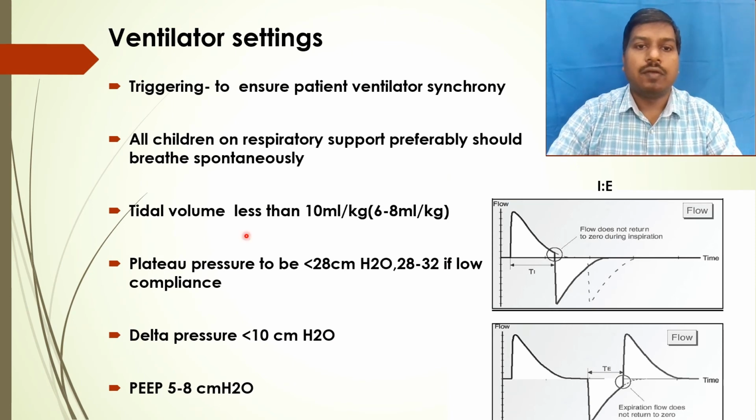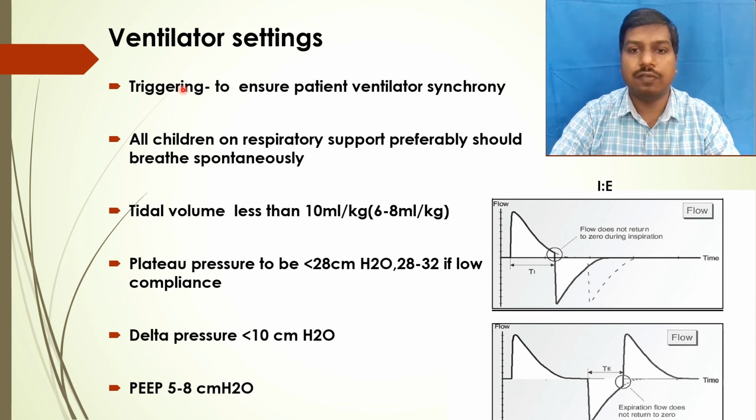Ventilator settings: the trigger should be adjusted to ensure patient-ventilator synchrony, and all children on respiratory support should breathe spontaneously. So we should avoid muscle relaxants as much as possible. The tidal volume should ideally be 6 to 8 ml per kg. There are data showing that a tidal volume of more than 10 ml per kg is associated with bad outcomes.